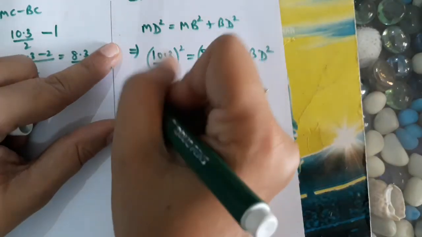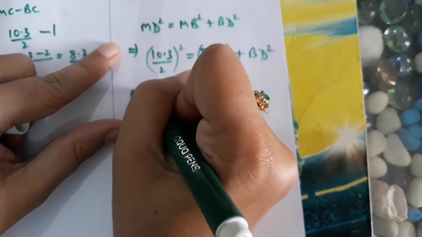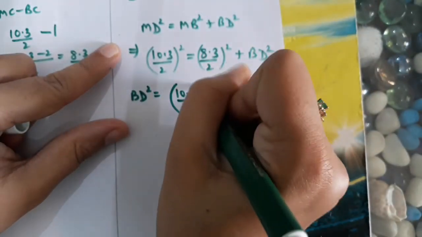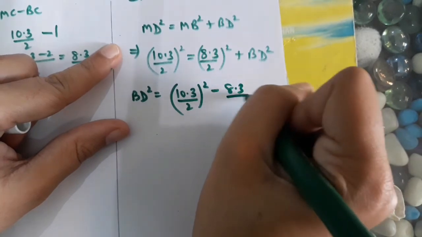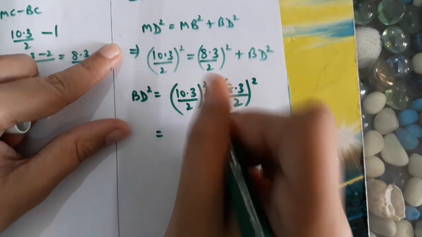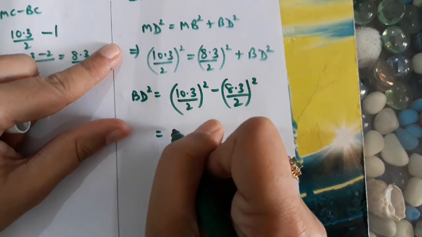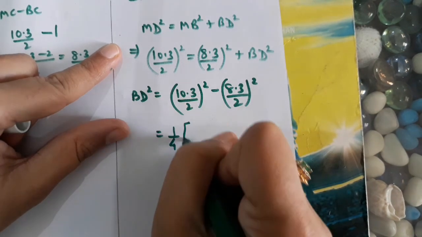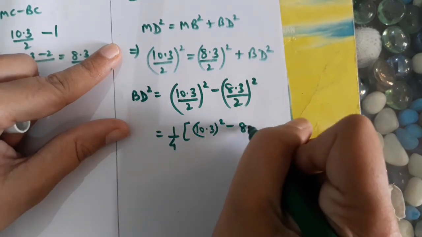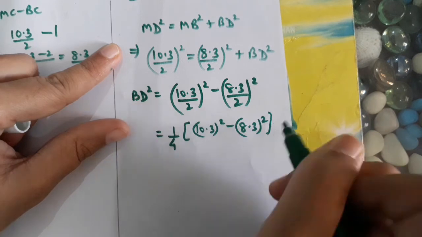Now let us simplify this. So BD square can be written as 10.3 by 2 whole square minus 8.3 by 2 whole square. We know that 2 square is 4, so we can take out 1 by 4 common, and inside brackets we have 10.3 square minus 8.3 square.